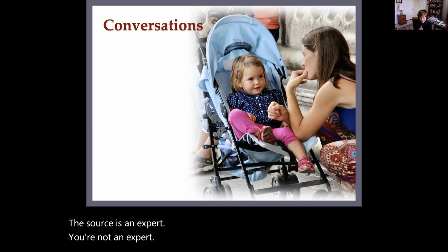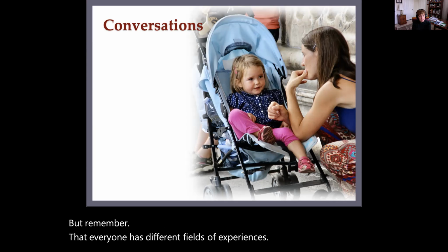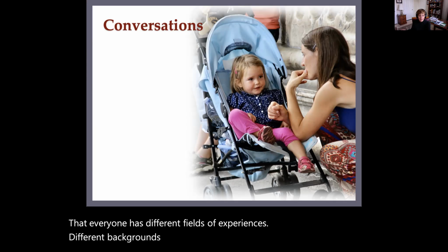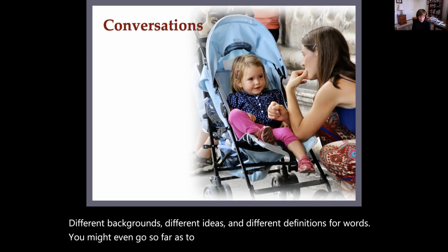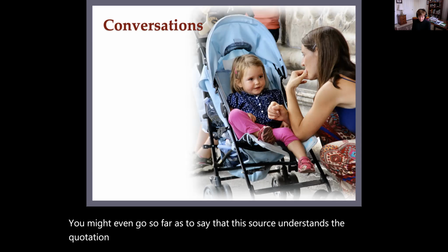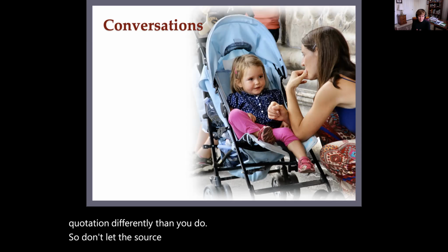But remember that everyone has different fields of experiences, different backgrounds, different ideas, and different definitions for words. You might even go so far as to say that the source understands the quotation differently than you do. So don't let the source have the end or the final word. Speak to that source.